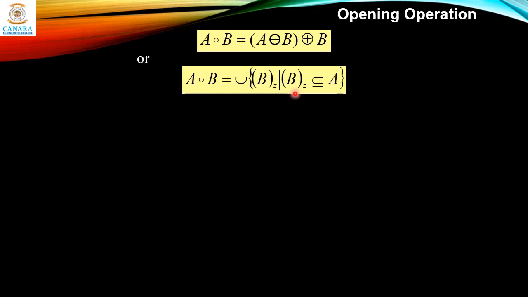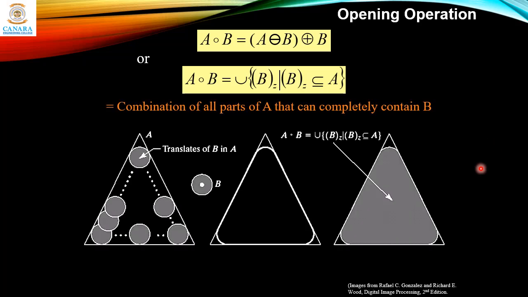The opening operation has a simple geometric interpretation, which is shown in this figure. Suppose that we view the structuring element B as a flat rolling ball. The boundary of A opening B is then established by the points in B that reach the furthest into the boundary of A as B is rolled around inside the boundary.